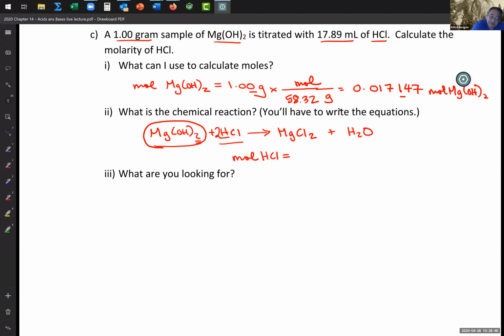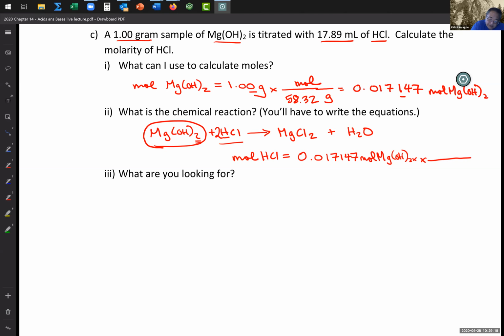So I have moles of HCl, and I've calculated the moles of magnesium hydroxide. And so this is Mg(OH)2. And then what I need to do is convert that over using the mole ratio, and I balance my equation. But like I said, if you have two OHs, it's usually 2 in front of the acid.